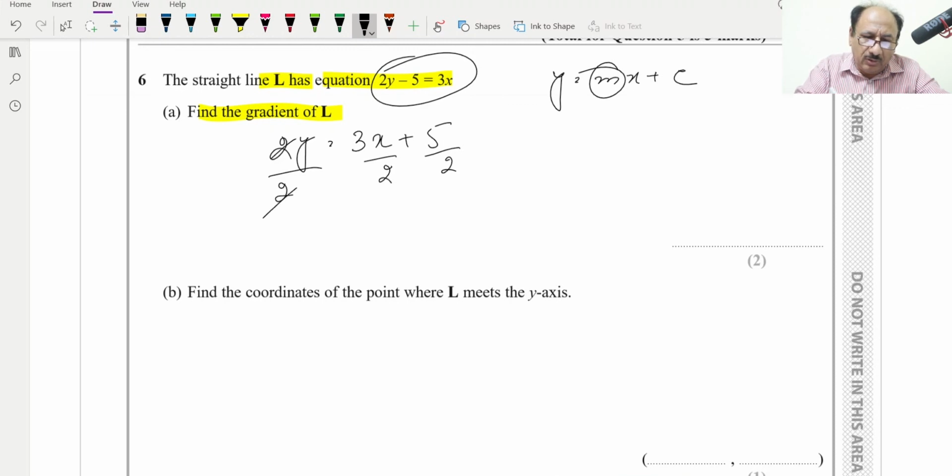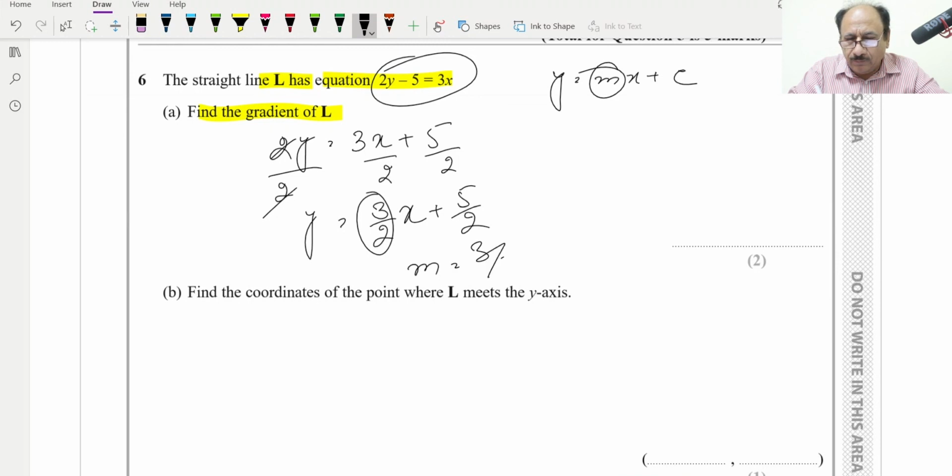So y will be equal to 3 by 2 x plus 5 over 2, and this portion is the gradient, so m is equal to 3 by 2. So 3 by 2 will be our answer at the proper location.